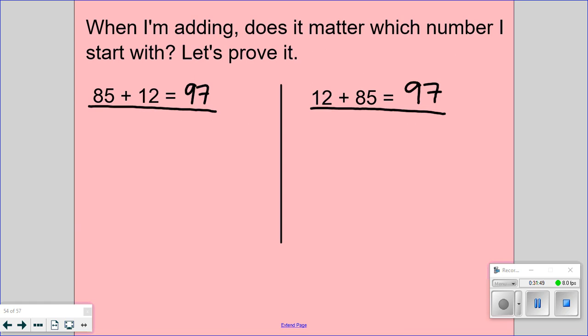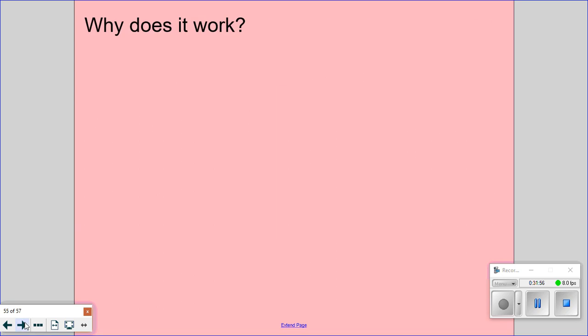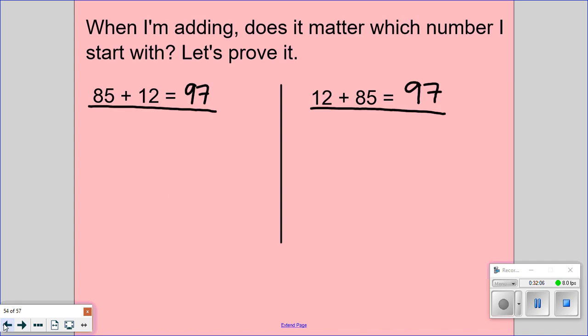That's weird. Underneath this, I want you to write this. Why does that work? We just proved that I can rearrange, these are called add-ins.